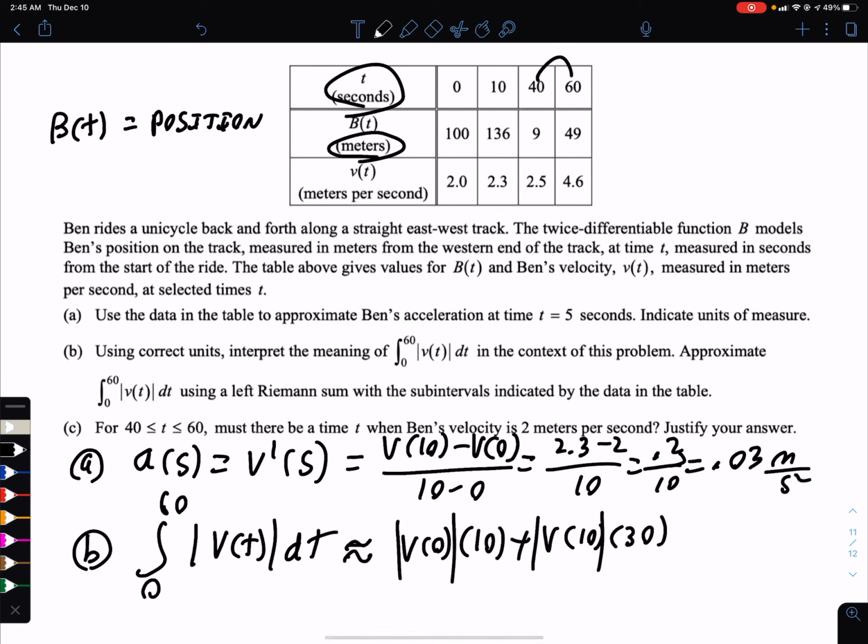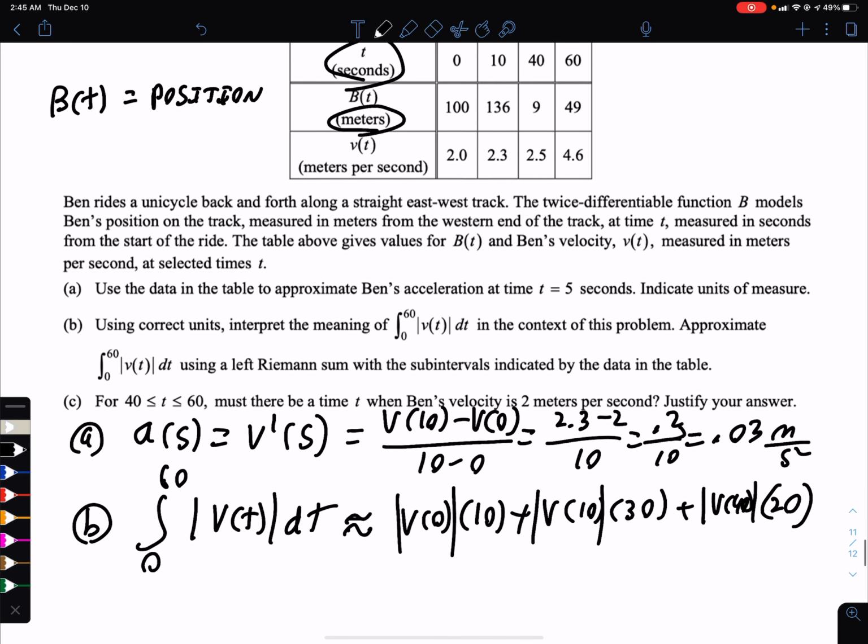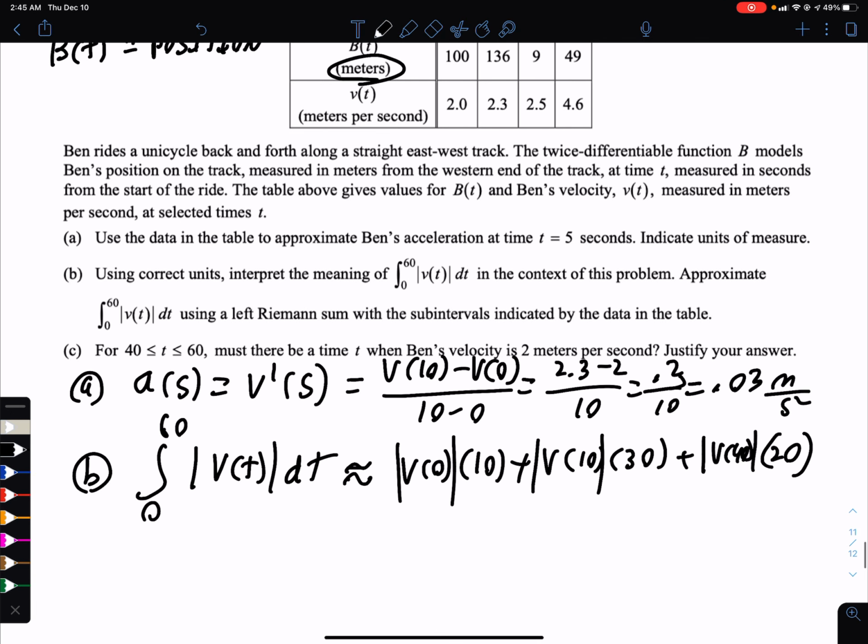And the last interval is from 40 to 60, but what's the left of these? The left is 40. We're doing left-hand Riemann, so it's going to be absolute value of v of 40, and the width from 40 to 60 is 20, so that's going to be times 20. And all these velocities are already positive. So this is going to be 2 times 10 plus 2.3 times 30 plus 2.5 times 20.